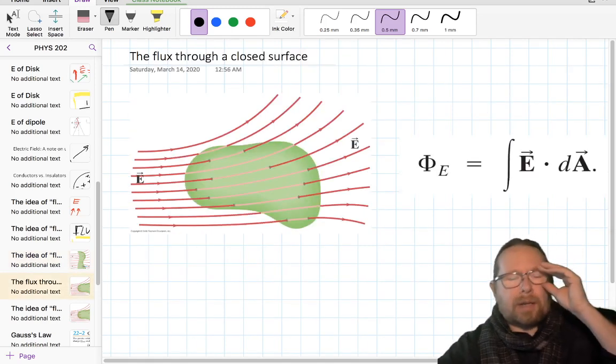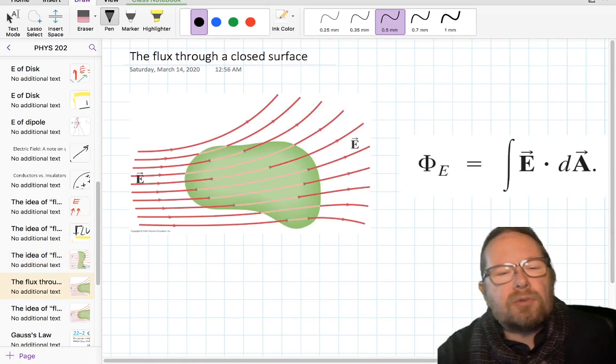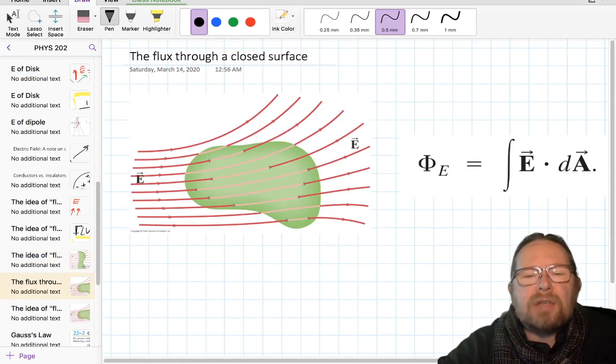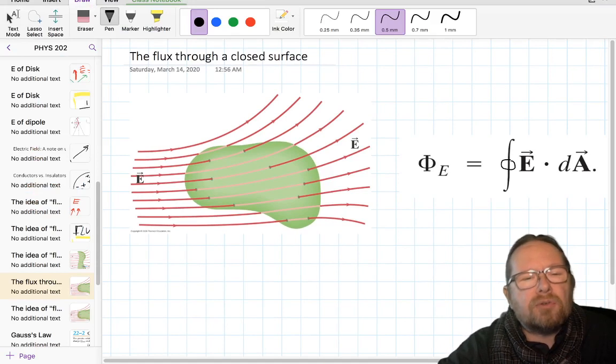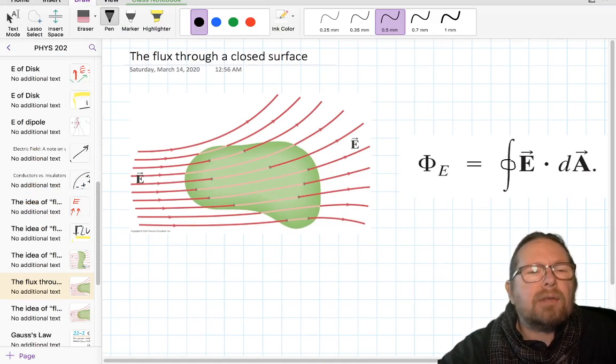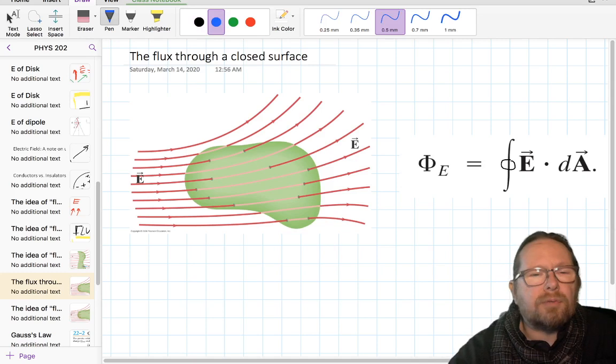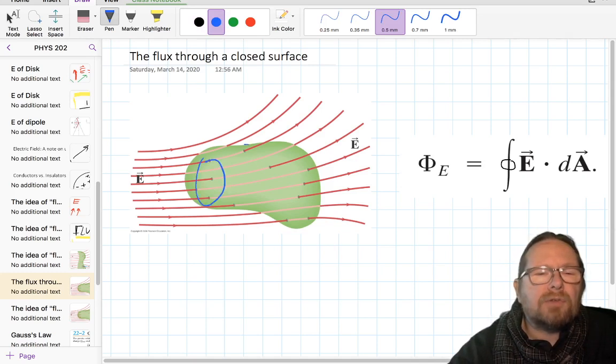One thing to notice about the flux through a surface is if that surface is a closed surface, in other words, a closed three-dimensional surface, and if all the sources of the electric field, all the electric field lines start outside the surface, that every electric field line that goes into the surface on this side comes out of the surface on the other side.